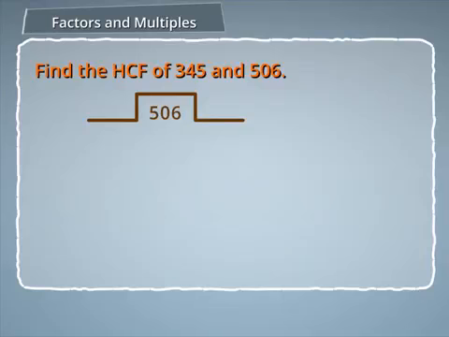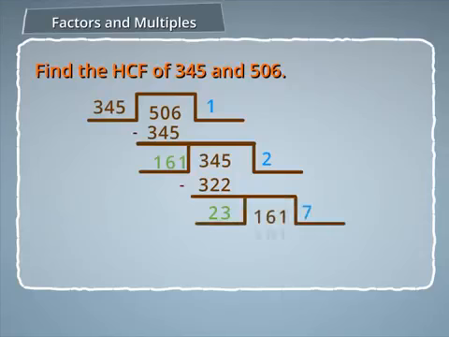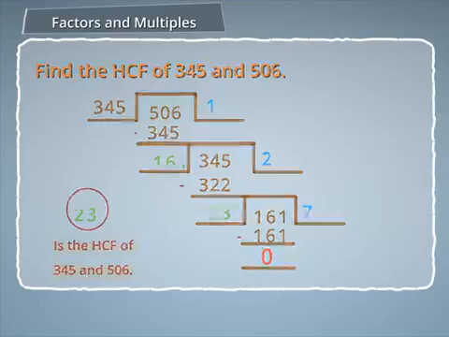On dividing 506 by 345, we get 161 as the remainder. Now we divide 345 by 161. We get 23 as the remainder. We then divide 161 by 23, which gives 0 as the remainder. Hence, 23 is the HCF of 345 and 506.